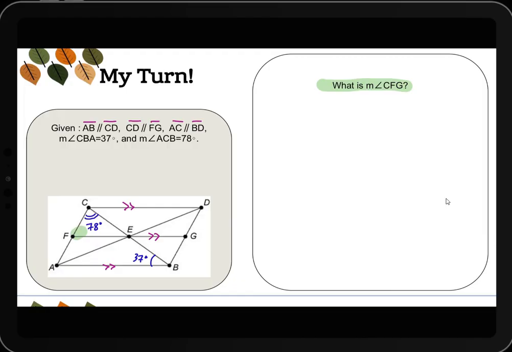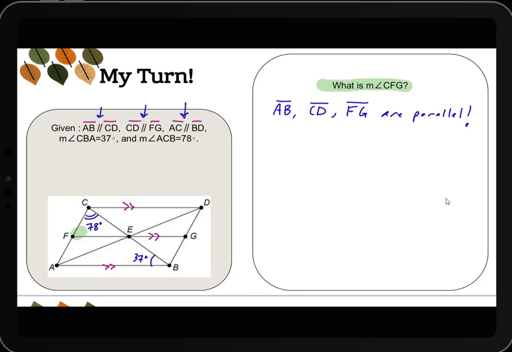So let's establish some information that we know. We know that all three of these segments, these lines in other words, are parallel to each other, right? So we know that AB and CD and FG are parallel. We know that that's a fact.